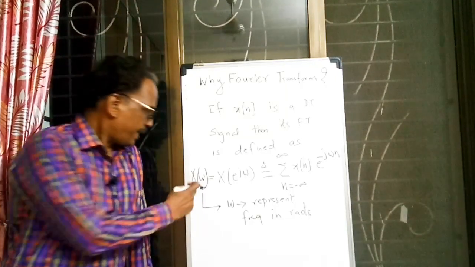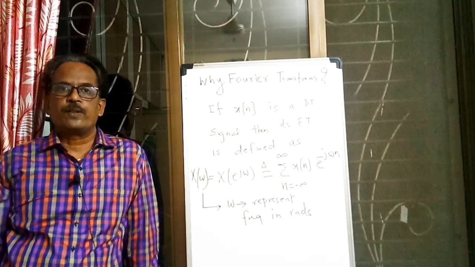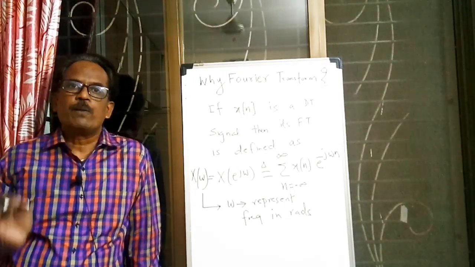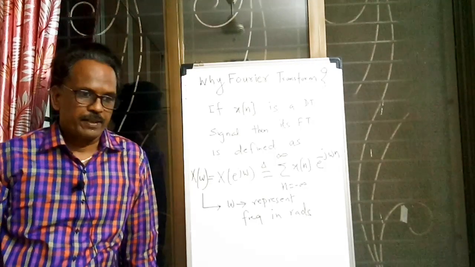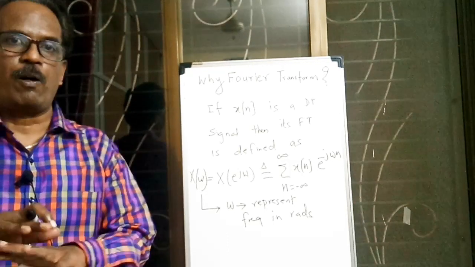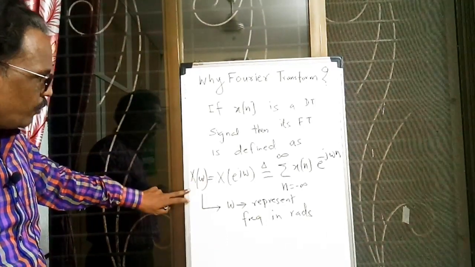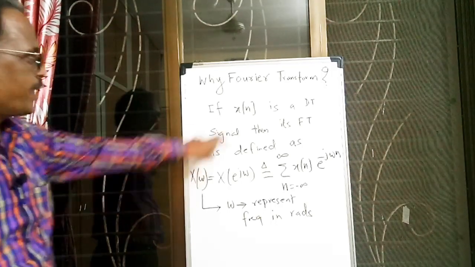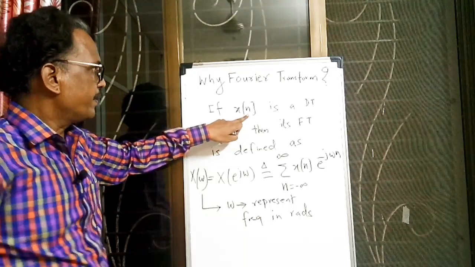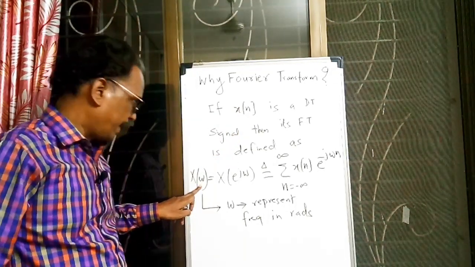Whenever I am finding the Fourier transform, it is obtained with respect to frequency, whereas the time domain signal is available with respect to time. Now X of omega is a function of omega, whereas x of n is a function of n, which is the time domain variable, and omega is called the frequency domain variable.